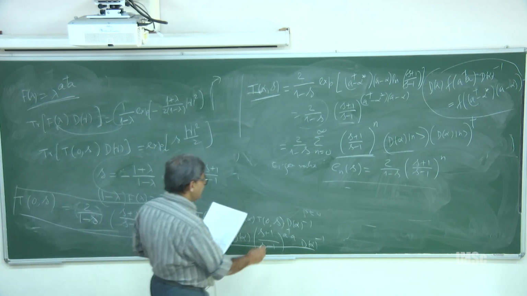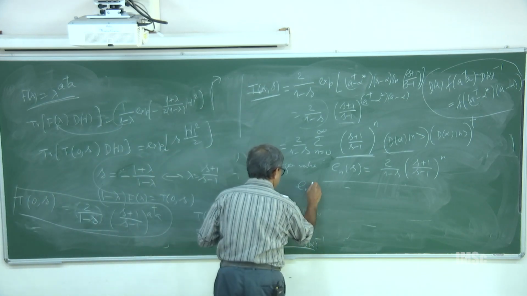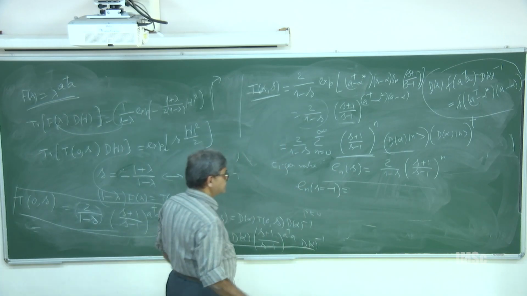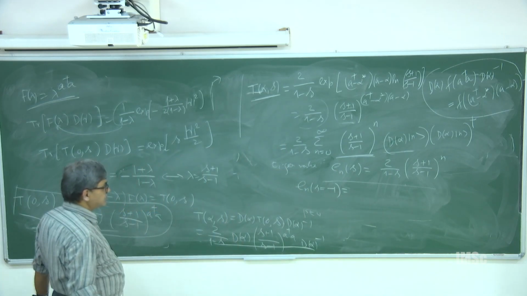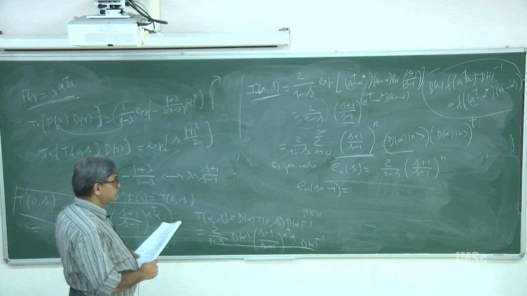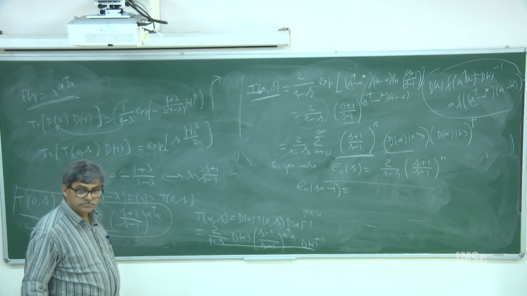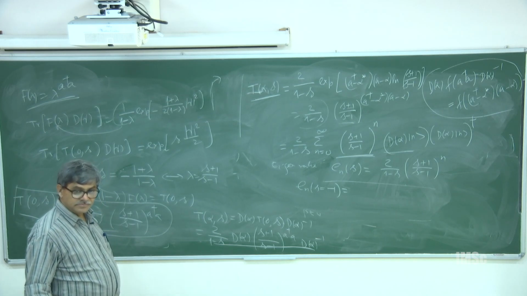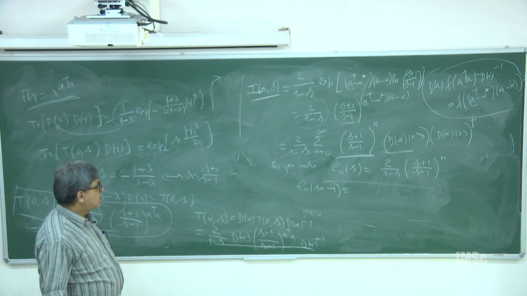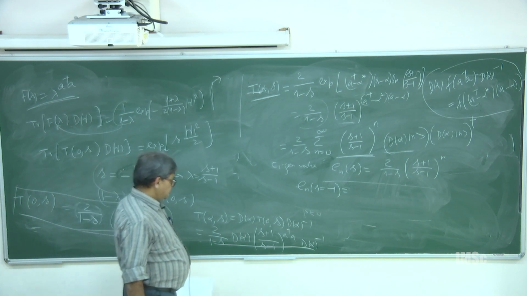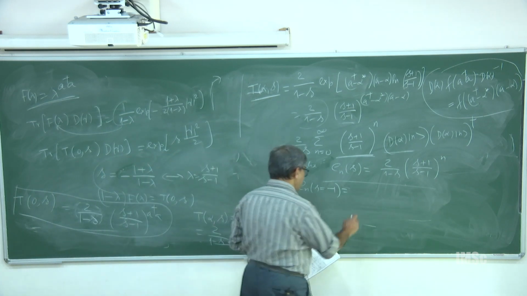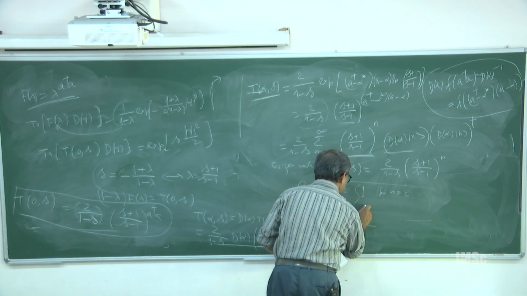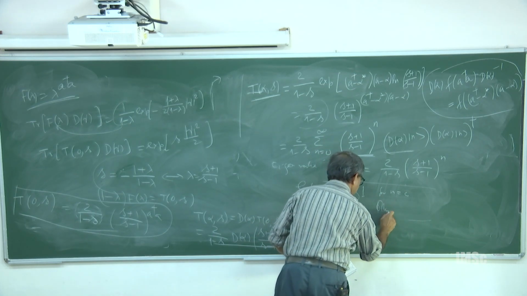What about E n for s is equal to minus 1? So, it's only the ground state that will be there. Yes, n is equal to 0. So, this is 1 for n is equal to 0, 0 otherwise.